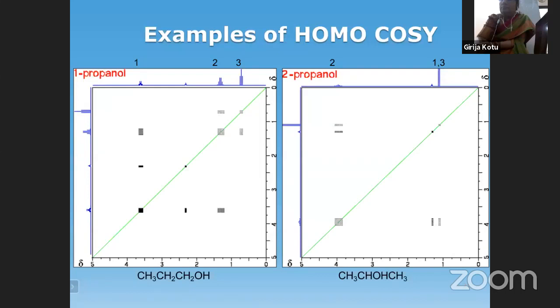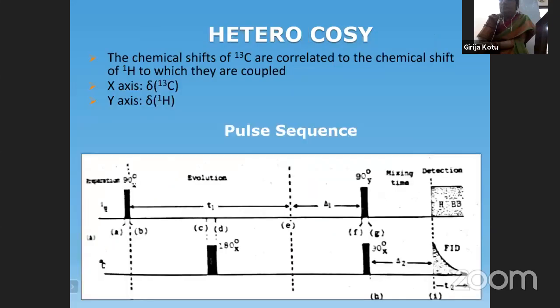But the same information is shown up in the COSY, or in the correlated spectroscopy, in the form of a cross peak, not in the form of multiplicity. Okay, students, this is about homo COSY. I think I have made it very clear. And if you have any doubts, you can ask me at the end of this session.